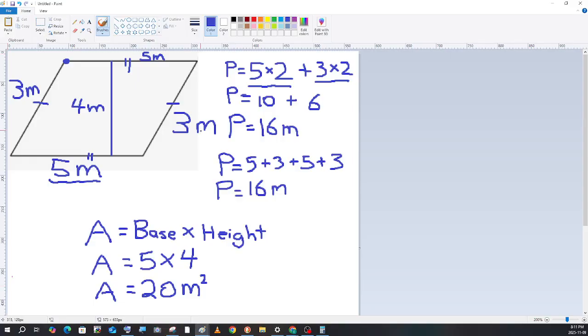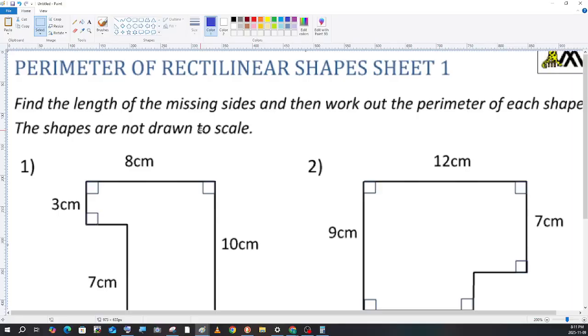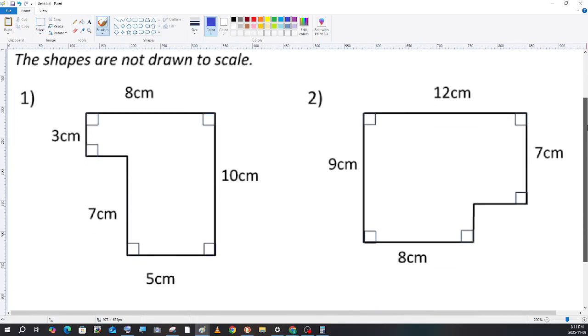All right, so let's go ahead and do the first two examples again. Just like with the parallelograms and rectangles, perimeter is the same idea, right? You imagine that you're starting at one of the corners and walking around every side of the shape and adding each length together. Now in this first example, number 1, we're missing one of the sides of our shape.